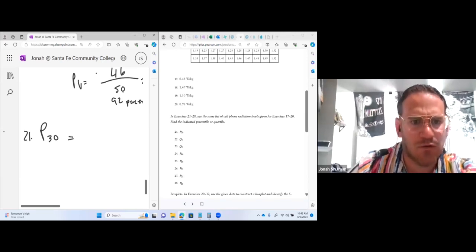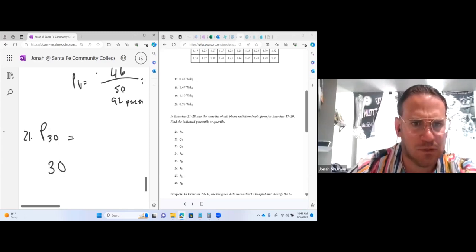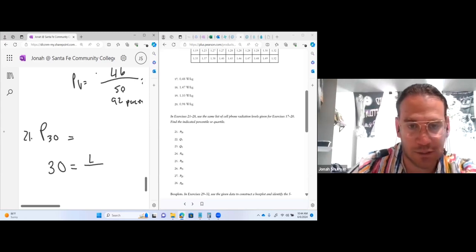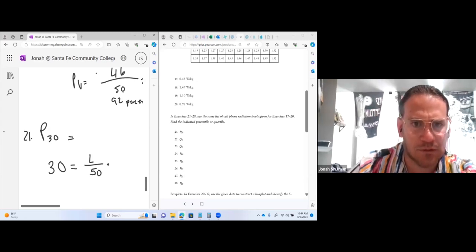We have percentile of 30, so we know this is 30%, the 30th percentile. Now, if I have 30 equals, we want X, or in our case, L, for location, over 50 times 100. That's all we're going to do.